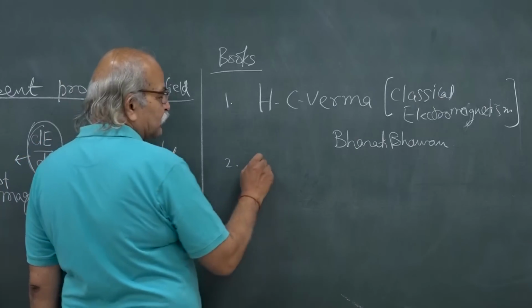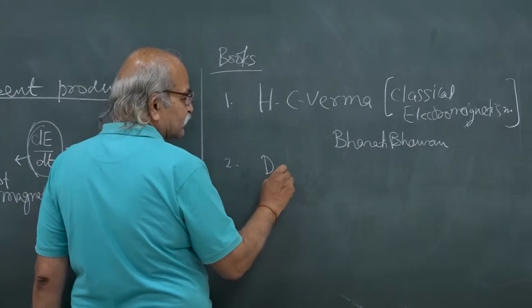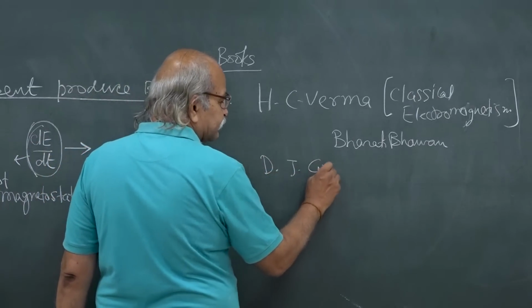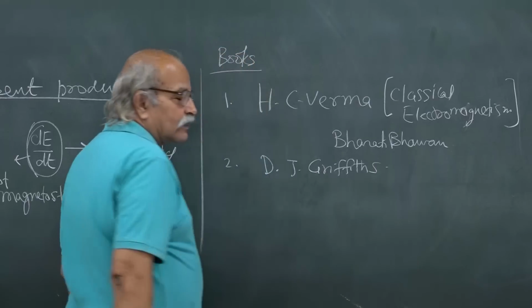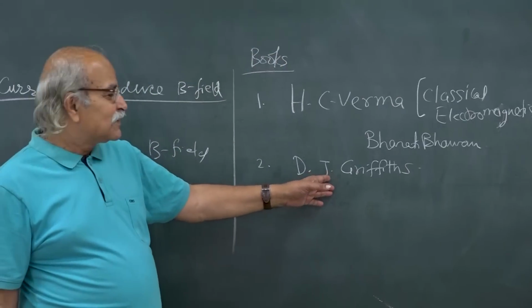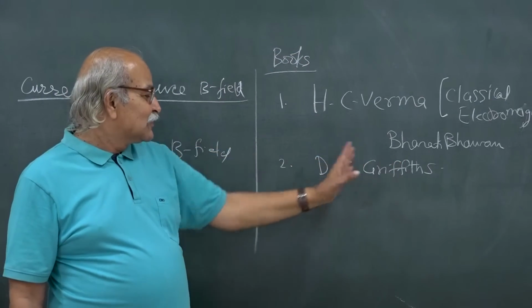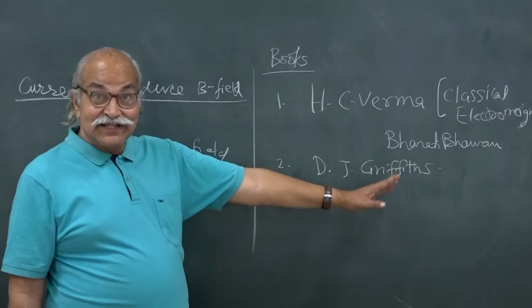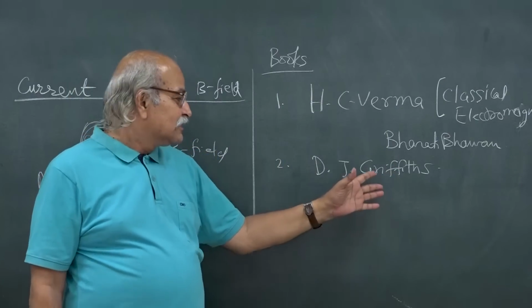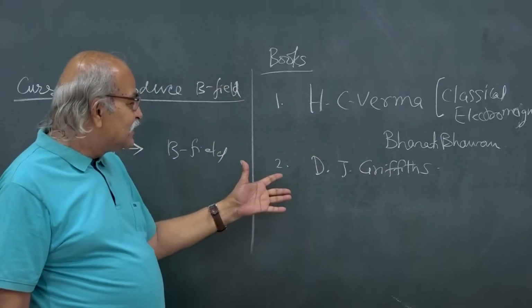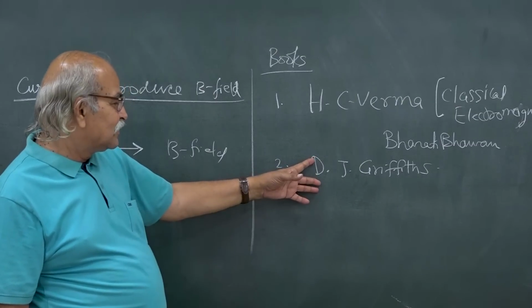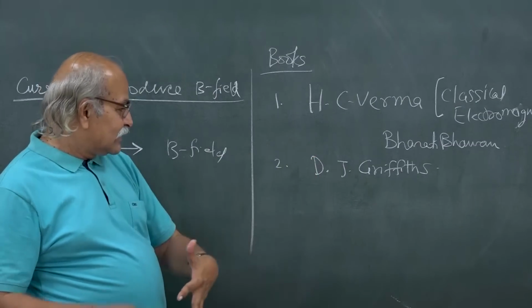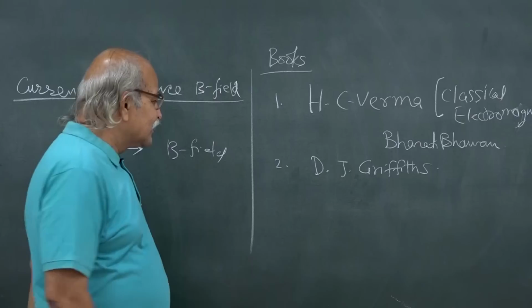Then another book will be the very famous D.J. Griffiths, Principles of Electrodynamics or something like that. So, this D.J. Griffiths will be another excellent book. I have extensively studied from this book and taught from this book in IIT Kanpur, and for this lecture series also I have consulted this D.J. Griffiths.